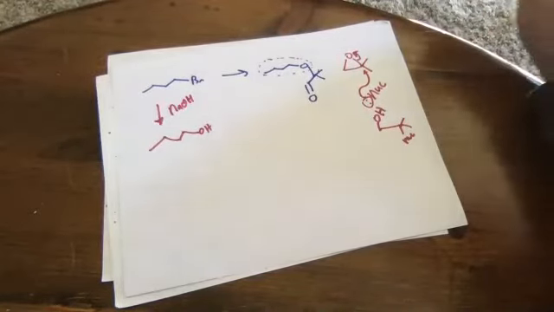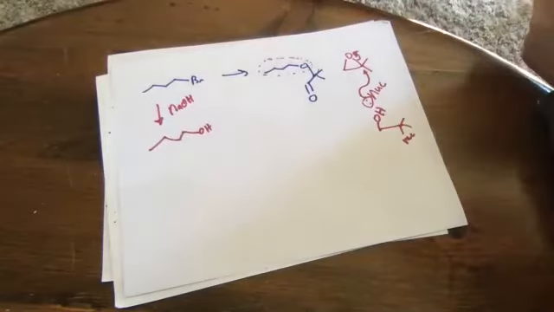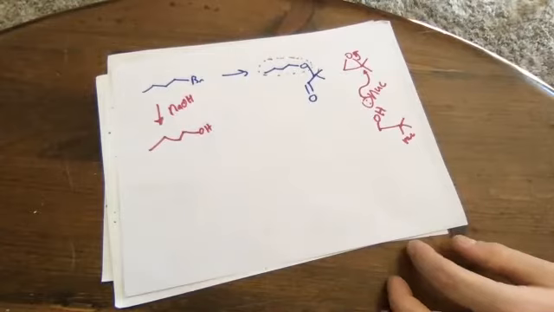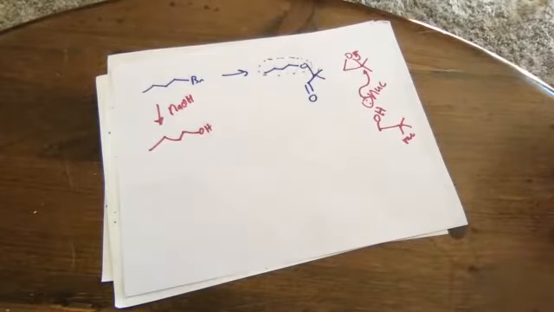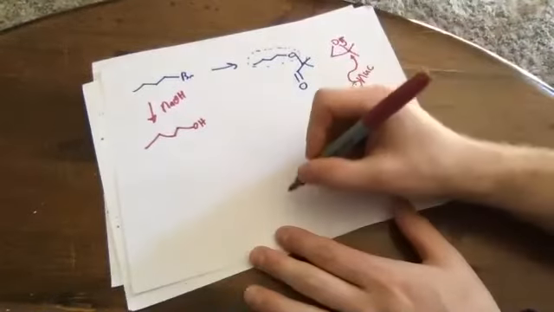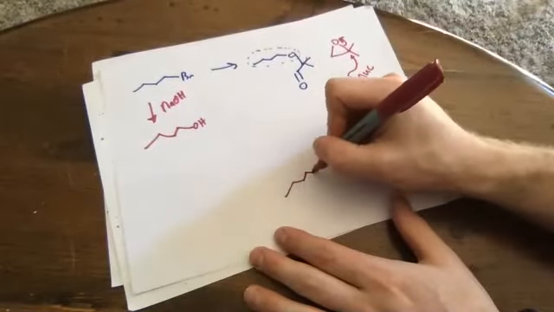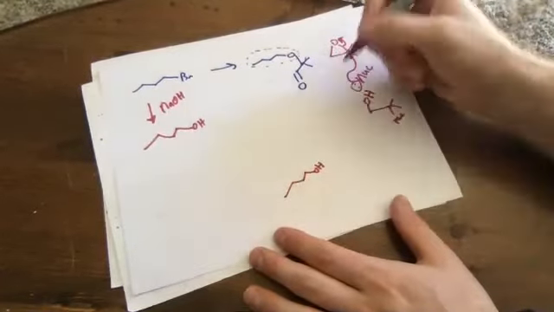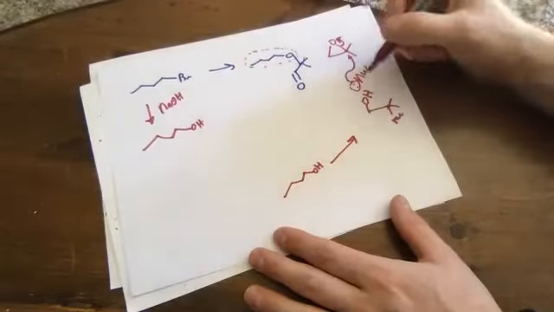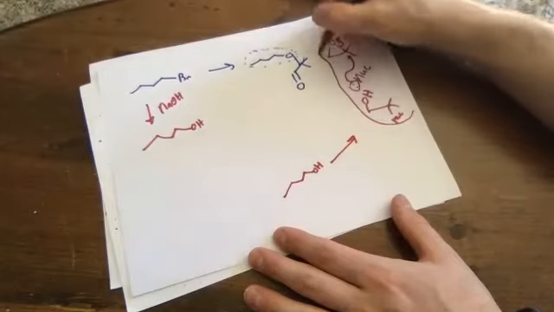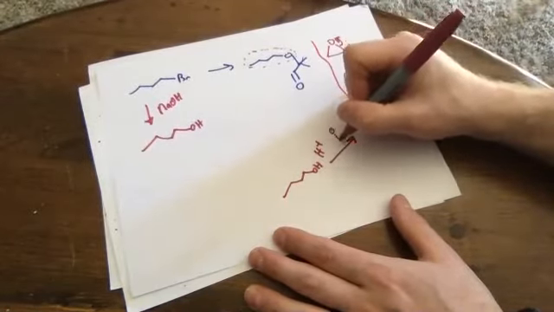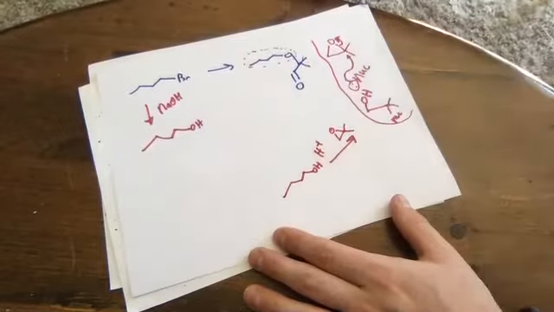From this point, we need to open the epoxide, and that is where you're going to have to make a choice. There are 2 different possibilities for epoxide openings, especially with alcohols. First option would be to throw in H+ and our epoxide.